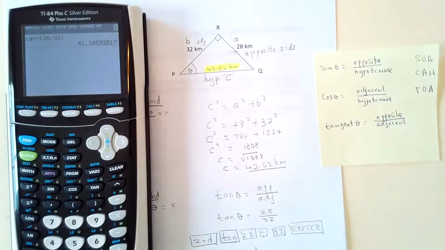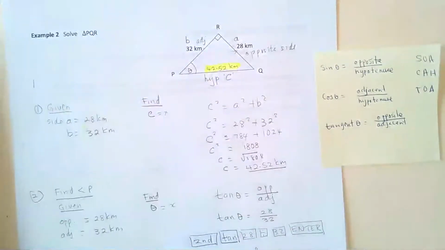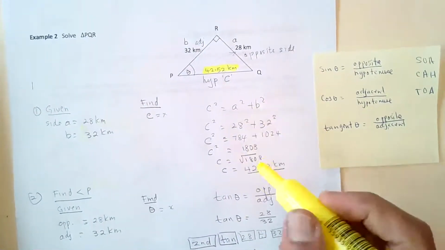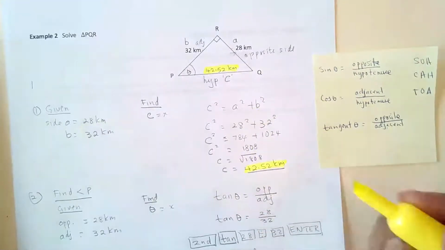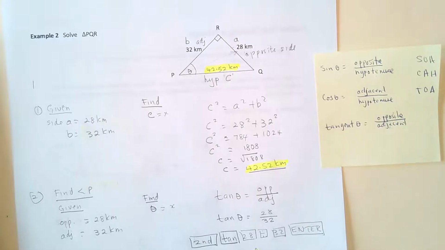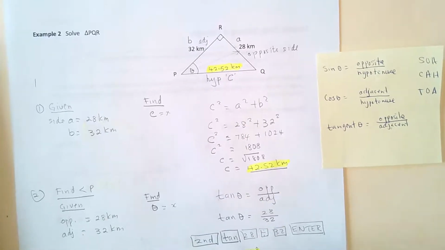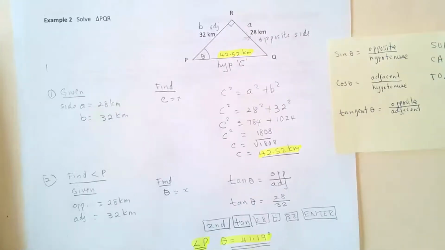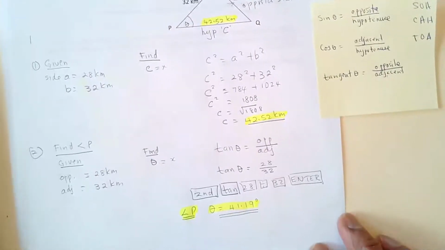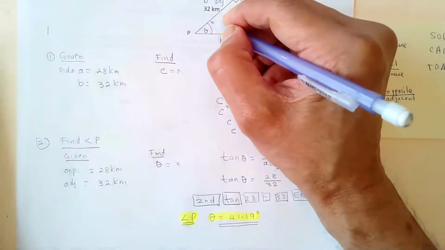So we round it to 2 decimal places. So now we have the measurement of side C and the measurement of theta. In this case, theta is angle P. And we put angle P here as 41.19.